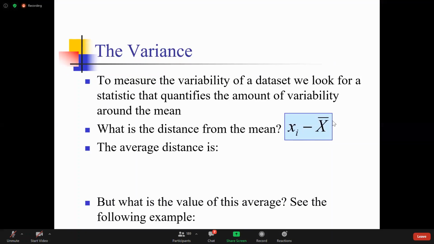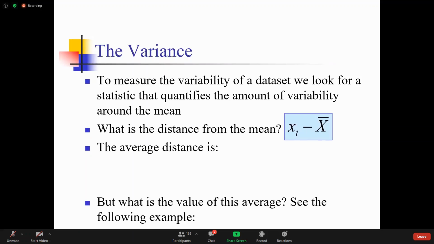X bar, as I introduced last time, is the average of this sample, or you can say the average of a population. So this average is the center, and we want to see how far these points are from the average. If we can measure this difference between every point and the center, then we will be able to measure the variability. And actually, that's the variability.